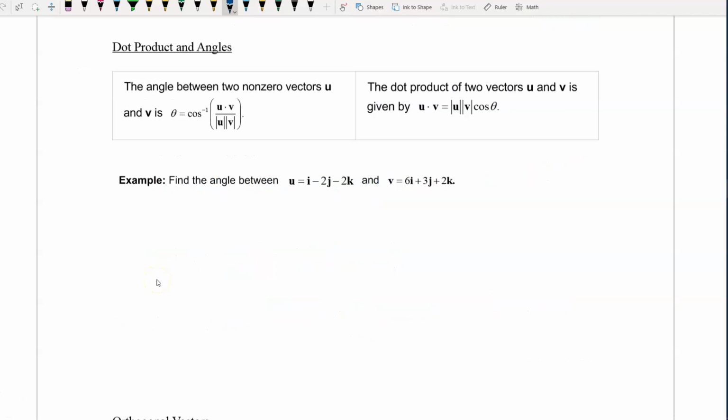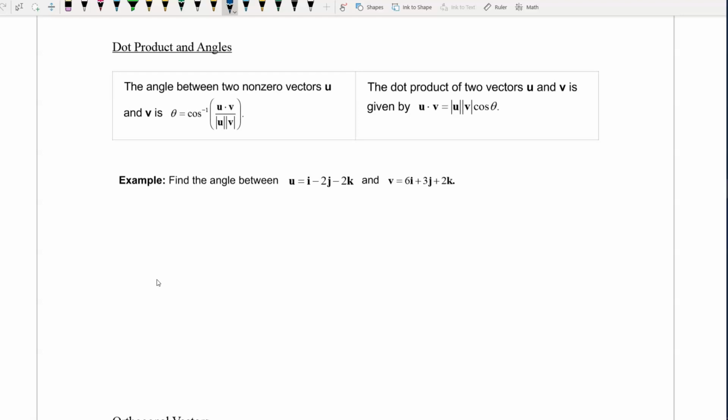Dot products and angles. The angle between two non-zero vectors u and v is theta equal to arccosine of u times v divided by the length of u times the length of v, or here we can say inverse cosine of u times v divided by the length of u times the length of v.